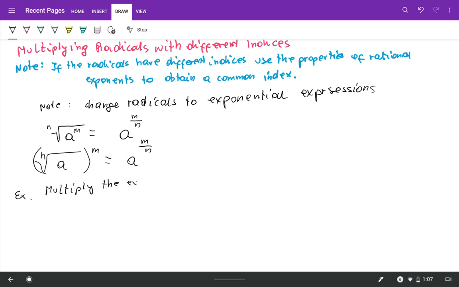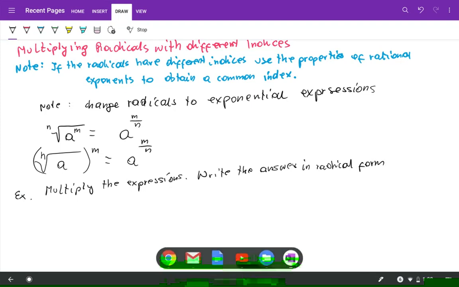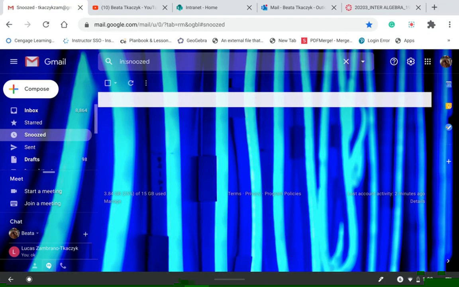Multiply the expressions, write the answer in radical form.